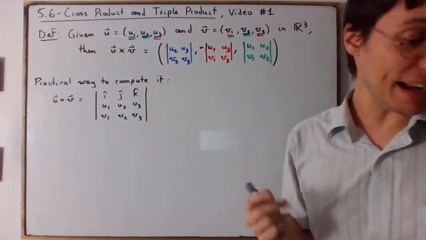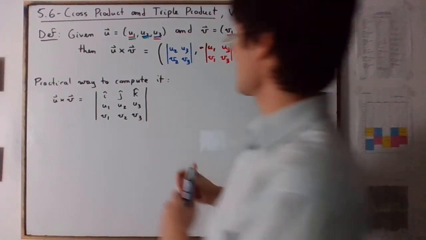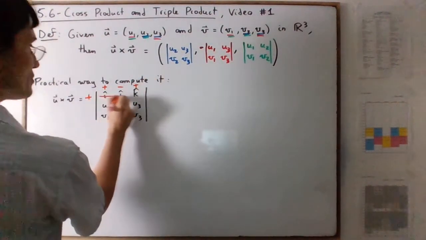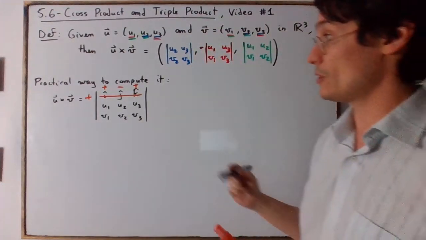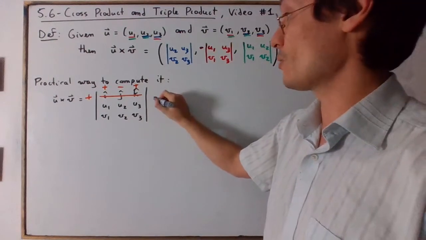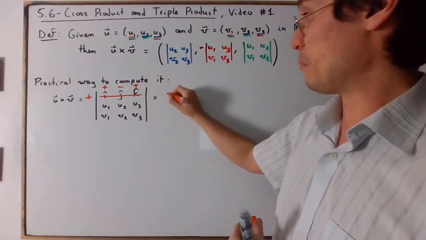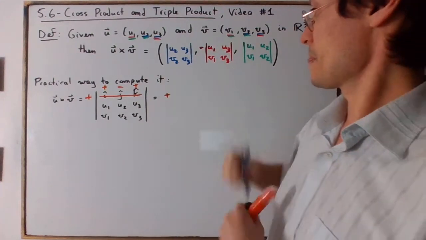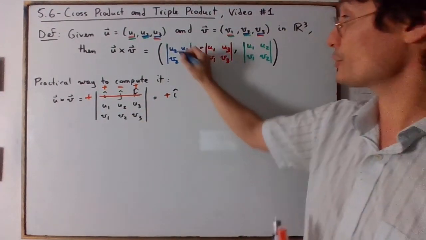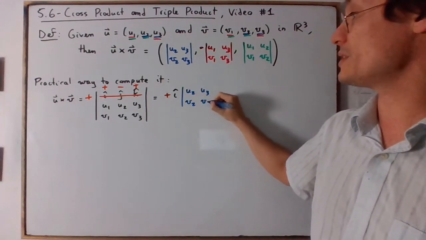It will give you exactly this, by using cofactor expansion across the first row, with signs plus, minus, plus. Now these are vectors, but don't worry about it, it's a mnemonic more than an actual thing. The first determinant will be positive i hat times the determinant u2, u3, v2, v3.